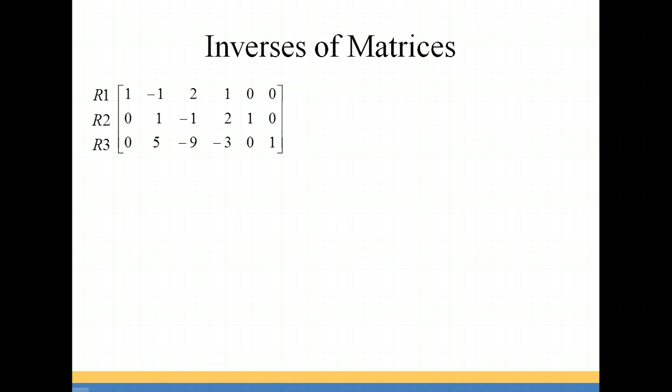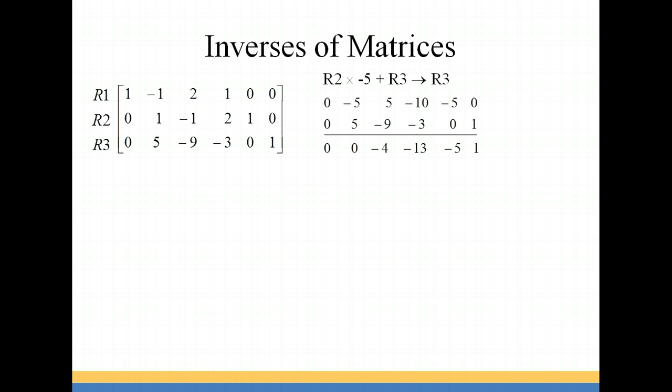Okay, so the next thing that we want to do is to eliminate the 5 in row 3. We want that to be a 0 as well. So what we're going to do is take row 2 and multiply it by negative 5 and add it to row 3. So taking row 2 and multiplying by negative 5, we have 0, negative 5, positive 5, negative 10, negative 5, and 0.